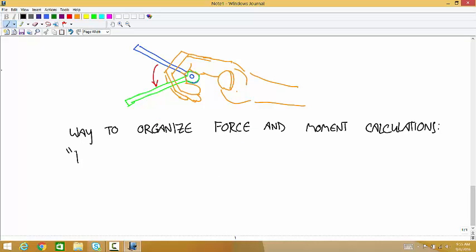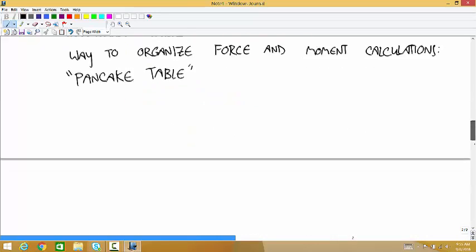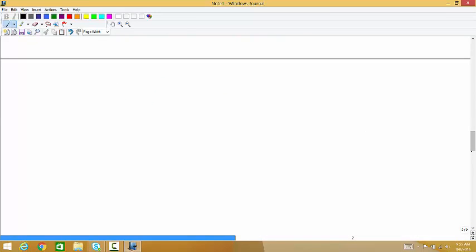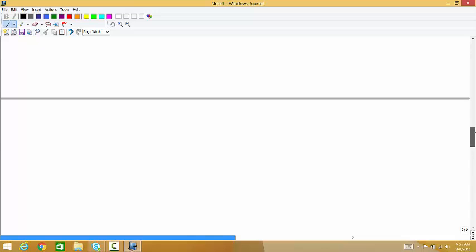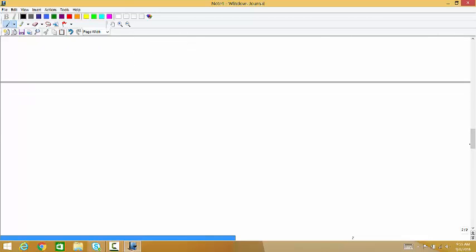And I call it the Pancake Table, because of the acronym I use, which is stupid. But I'm not changing it now, because I've been using it this way for 6 years or whatever. Okay, so the table looks like this.